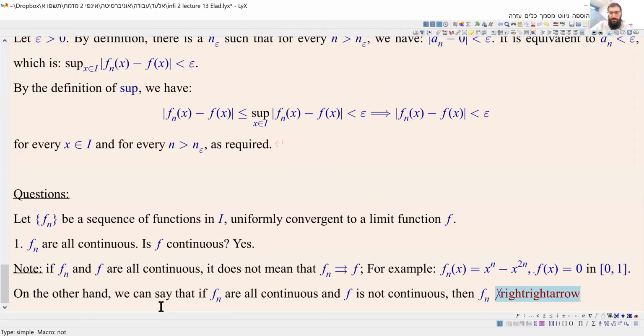That is the correct way to look at the negative phrasing of this sentence.